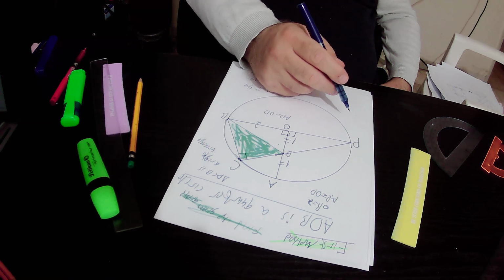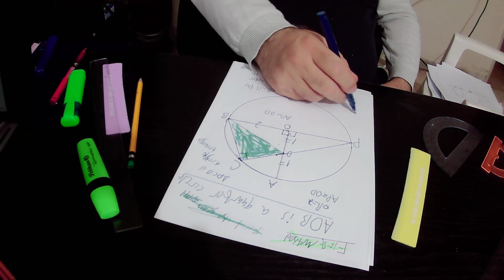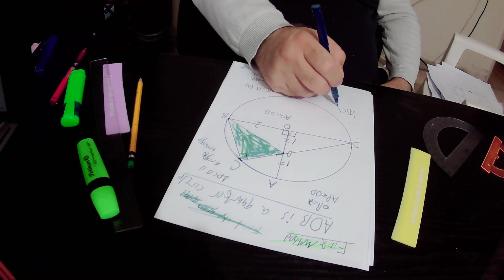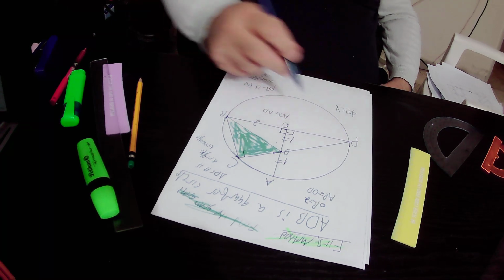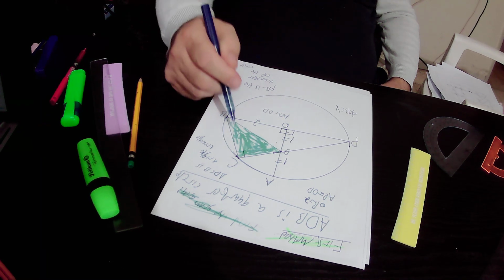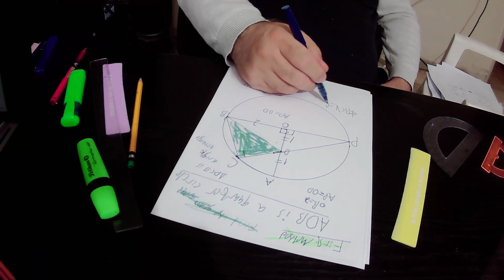Okay? So we have here angle BCX, it is a peripheral angle, but we know for sure that the peripheral angle BCX equals 90 degrees.